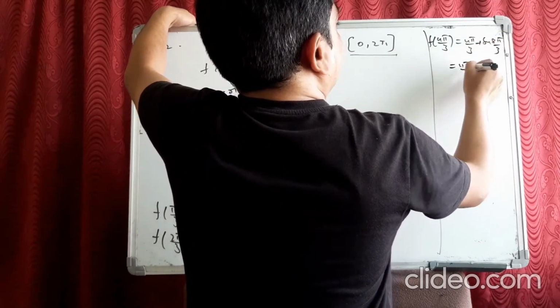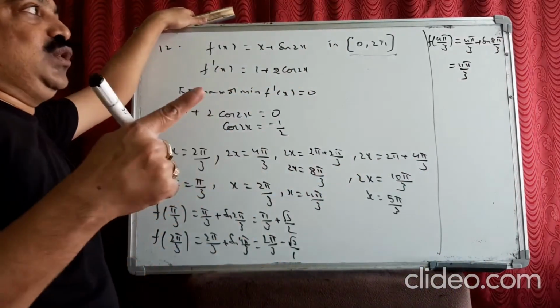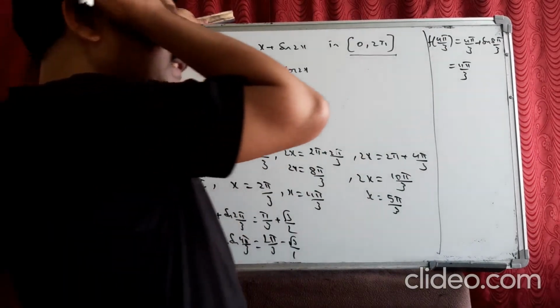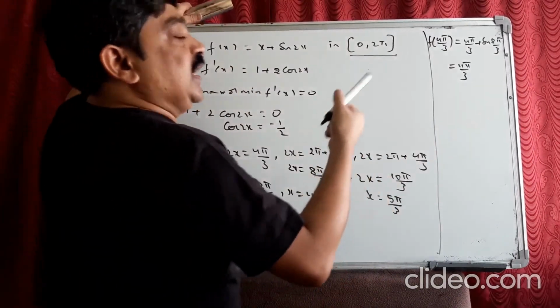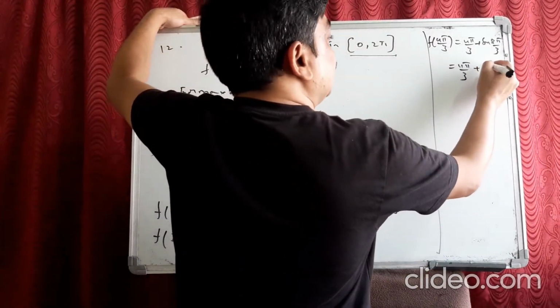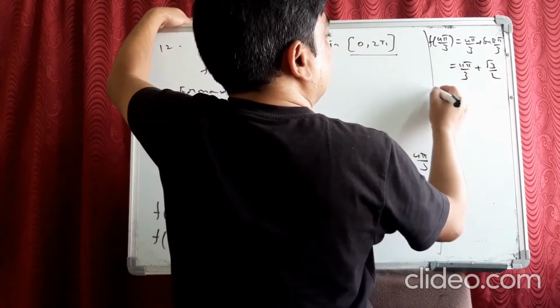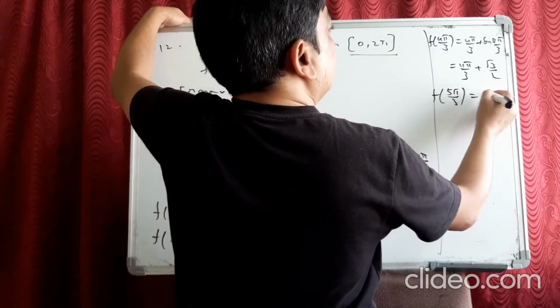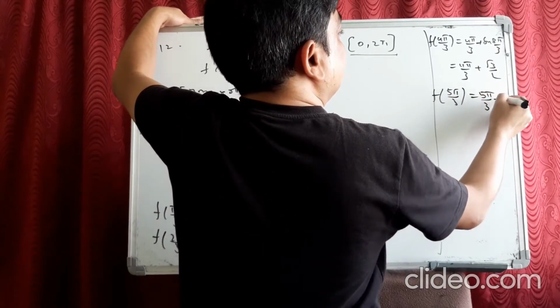8 pi by 3 means 8 into 60, 480. When you remove 360, it becomes 120. It lies in the second quadrant, so it is positive: root 3 by 2. So f of 5 pi by 3 will be equal to 5 pi by 3 minus root 3 by 2.